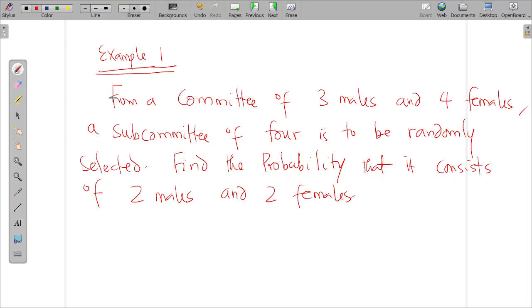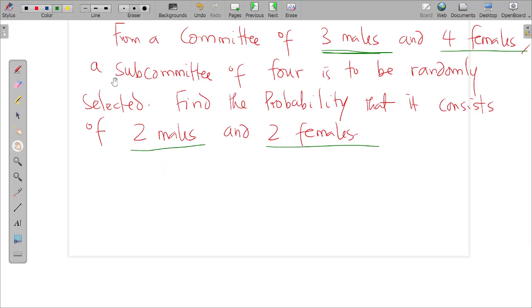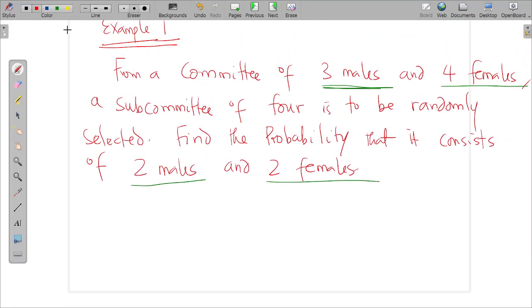So in a committee of 3 males and 4 females, we want to select a subcommittee of 2 males and 2 females. This is selection, and when we talk about selection, we are talking about combination.